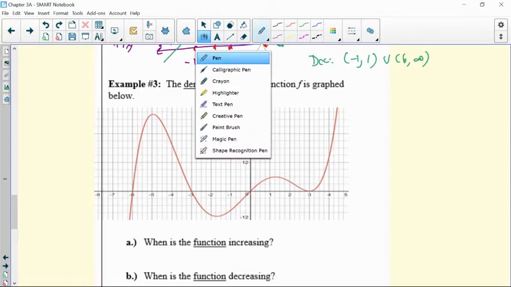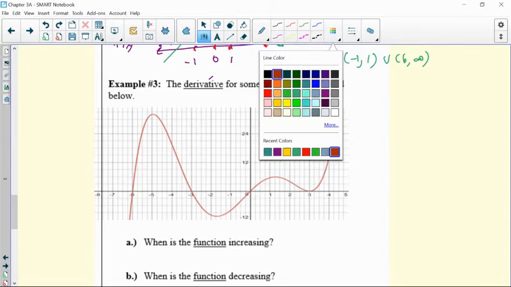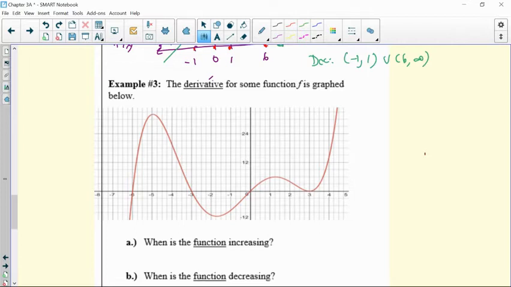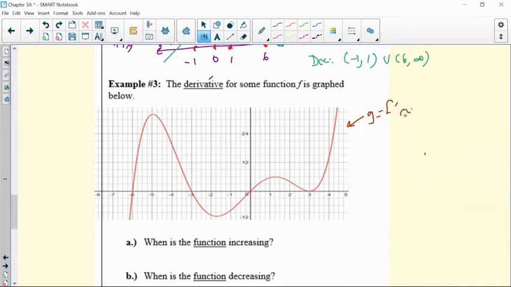When you first start solving these problems, it's really easy to be tricked by what you see versus what you're trying to answer. So again, this is the derivative. The derivative represents: is the function increasing or decreasing?